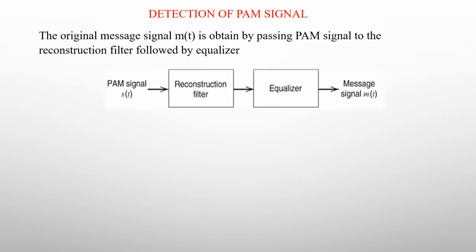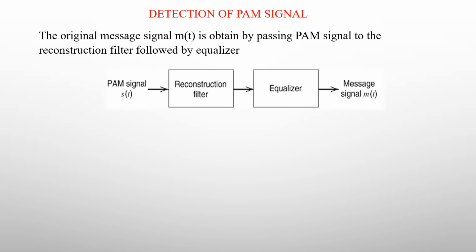Coming to detection of the pulse amplitude modulated signal, the original message signal m of t is obtained by passing the PAM signal through a reconstruction filter followed by an equalizer. So this is the pulse amplitude modulation detector block diagram.